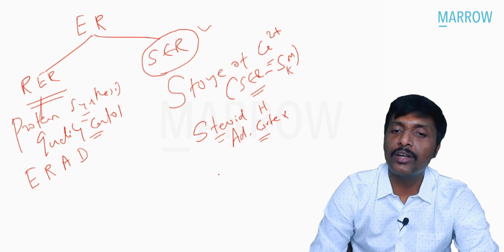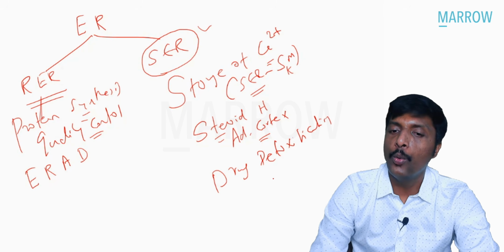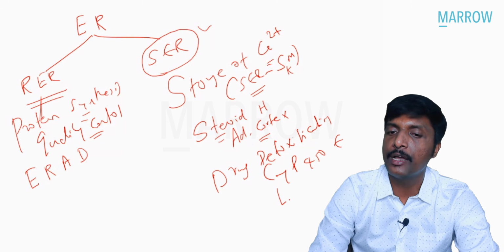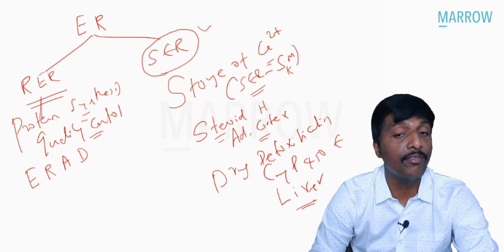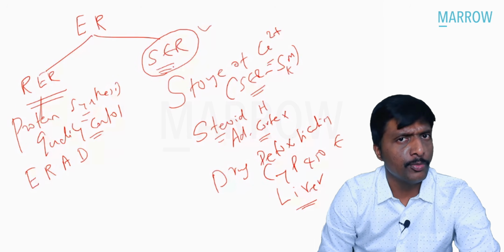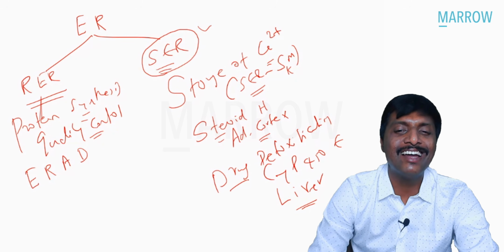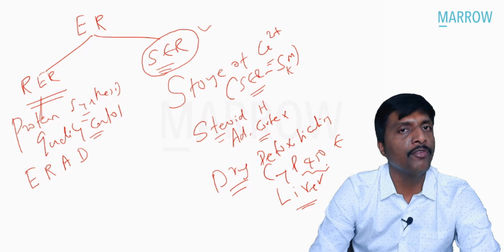And most importantly, remember, drug detoxification with the help of the cytochrome P450 group of enzymes, mainly in the liver. Liver cells have abundant smooth endoplasmic reticulum for drug detoxification, pharmacology, with the help of cytochrome P450.